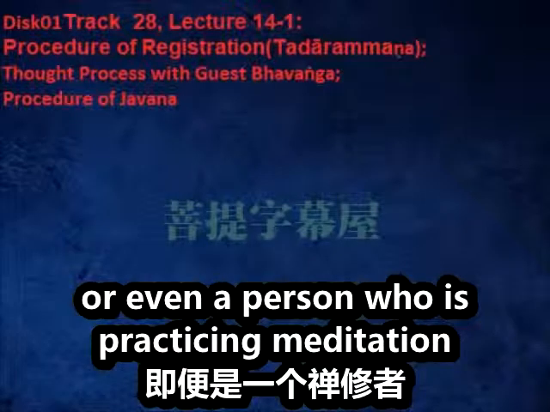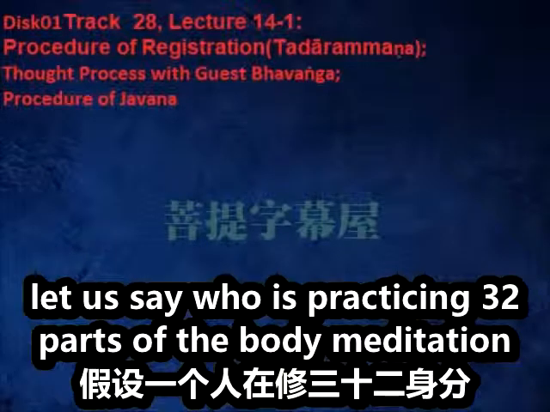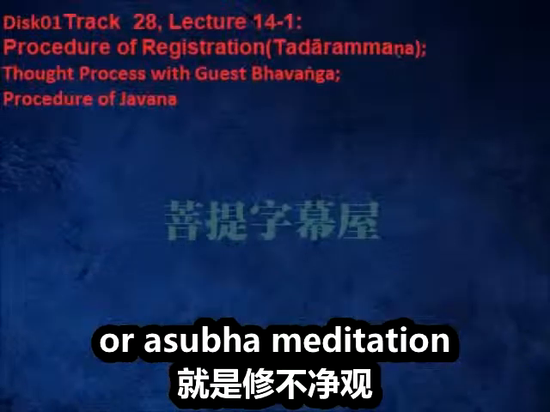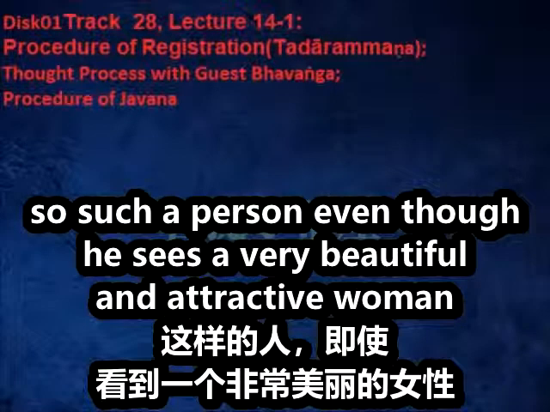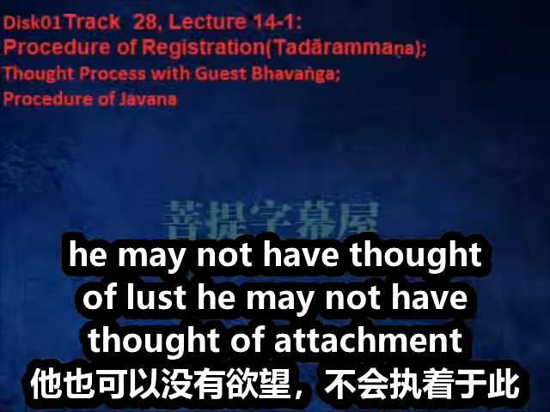Or even a person who is practicing meditation, let us say who is practicing 32 parts of the body meditation or asubha meditation. So such a person, even though he sees a very beautiful and attractive woman, he may not have thoughts of lust, he may not have thoughts of attachment.